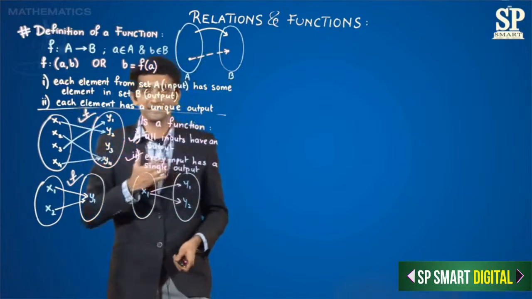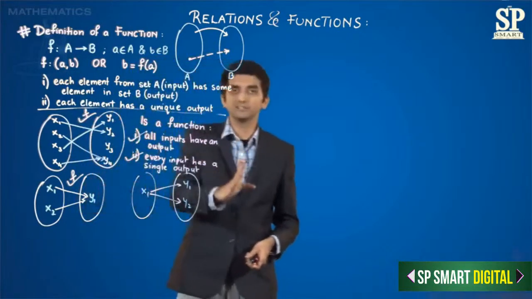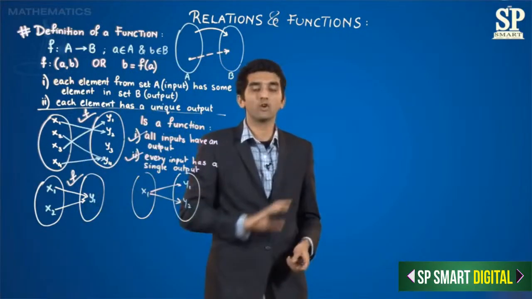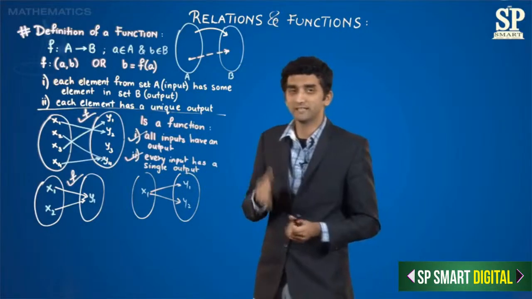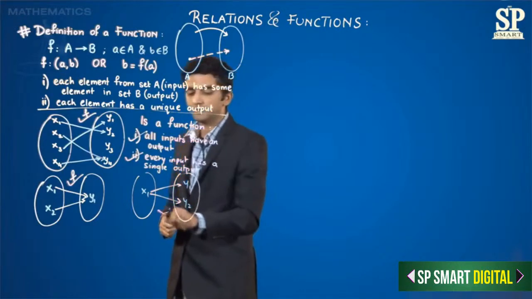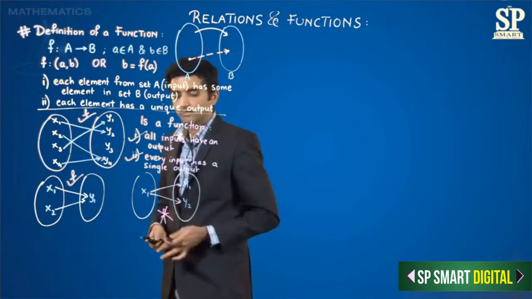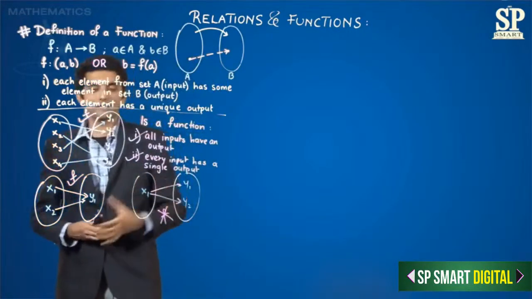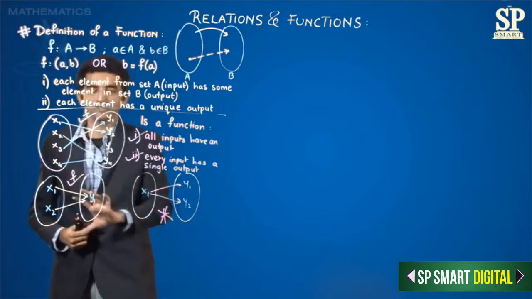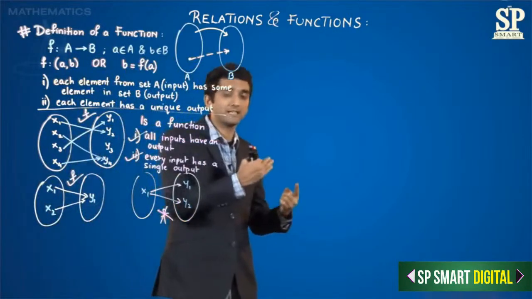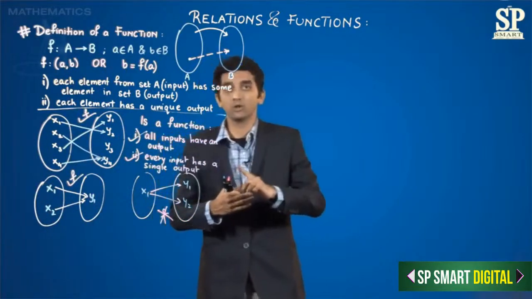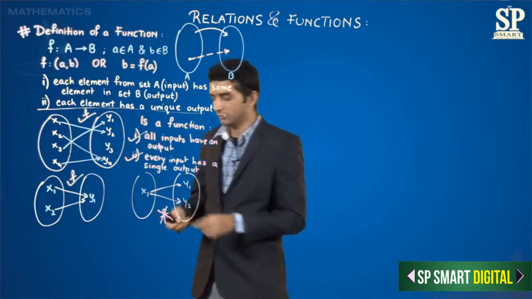So the first condition is getting satisfied, but the second condition is not, because x1 is not having a unique output, it is having more than one output, and that is why this is not a function, right? So this is only a relation. This is a function and a relation both. This is also a function and a relation both, because every function is a relation, but every relation is not a function, is the key thing that we need to understand.